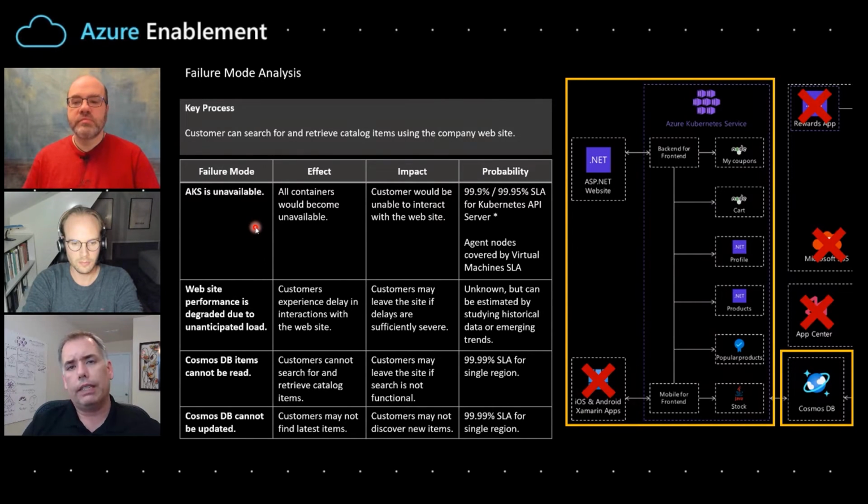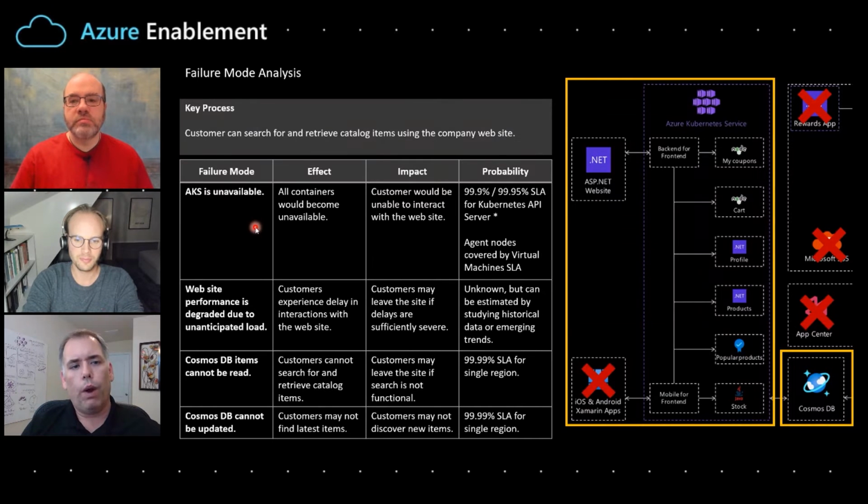For the purposes of this calculation, let's just focus on virtual machines just to make it clear how we're calculating things. But do know that there's an additional SLA available. So great. For AKS being unavailable, we know what would happen. We know it's a bad day. And we know we have an approximation for what the probability of failure would be. And we can take that into account in our design.